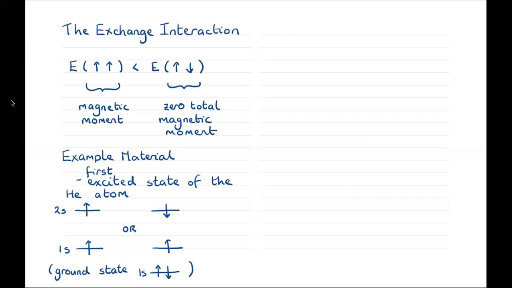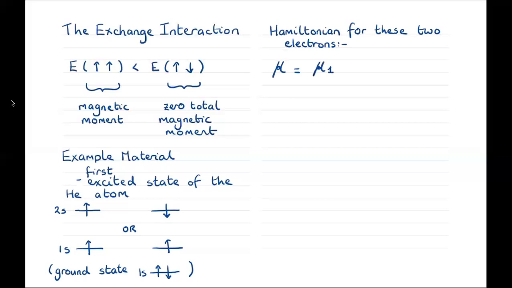So let's start by writing out the Hamiltonian for these two electrons. And we'll decompose our Hamiltonian into a term which we'll call H1, and this represents the Hamiltonian for electron 1, for one of the electrons, if it were the only electron there.